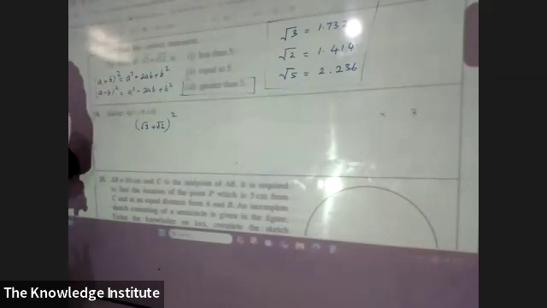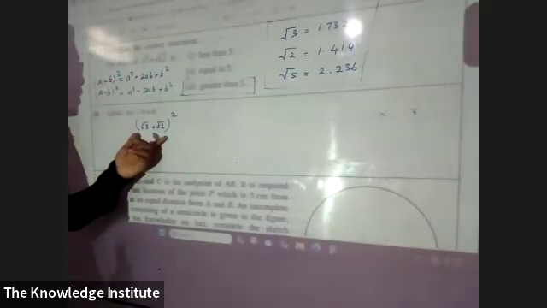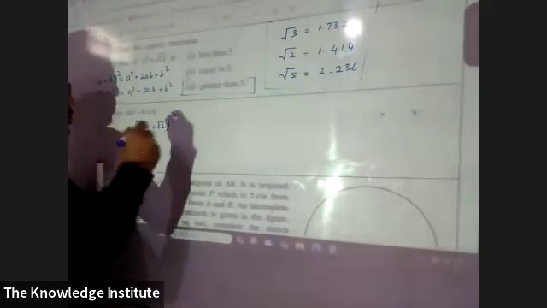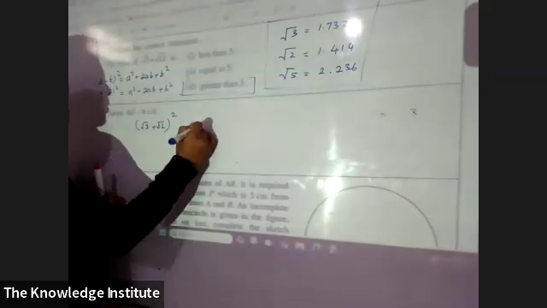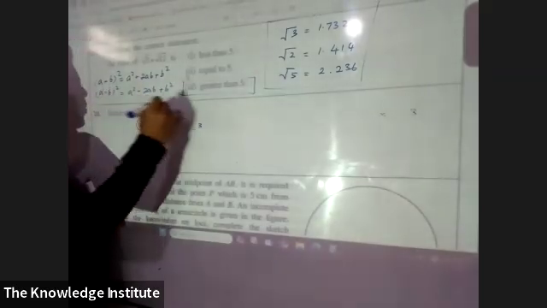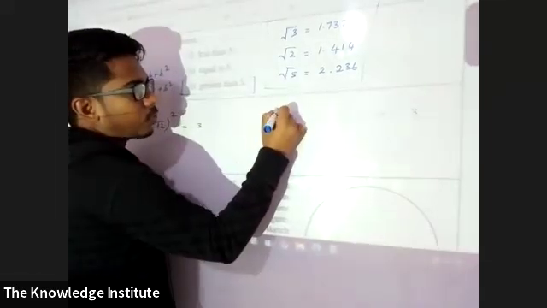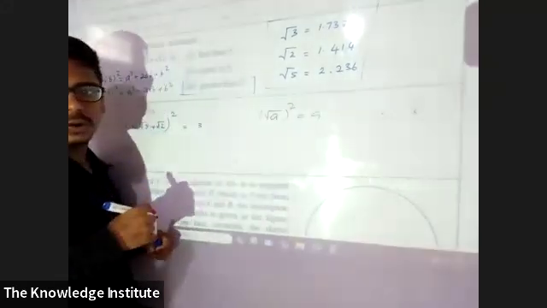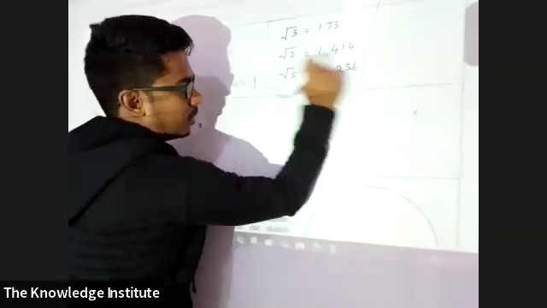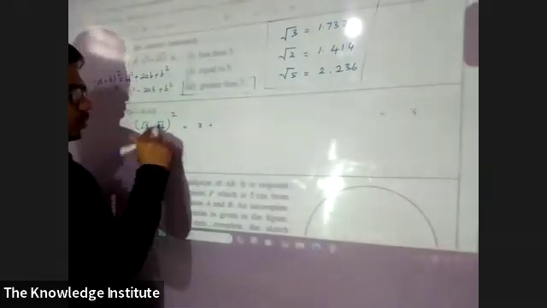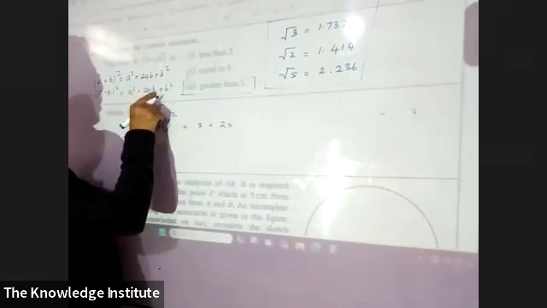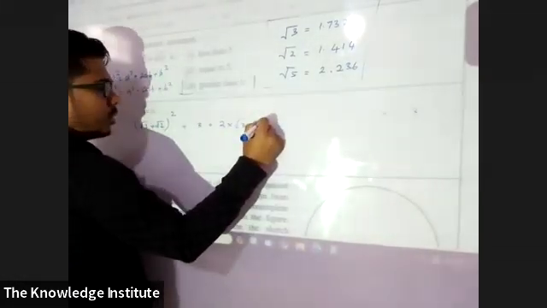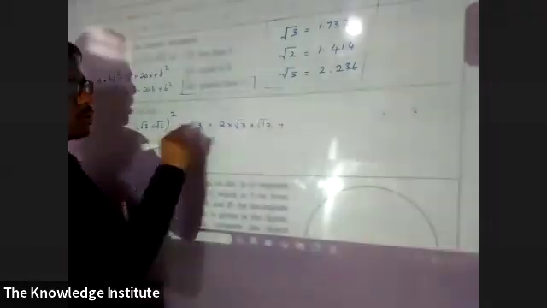So square of a binomial. Okay, so here again, this is the square of a binomial. So this one therefore equals root 3 squared, right, which is 3, plus 2ab, 2 into root 3 into root 12, plus b squared, root 12 squared is 12.